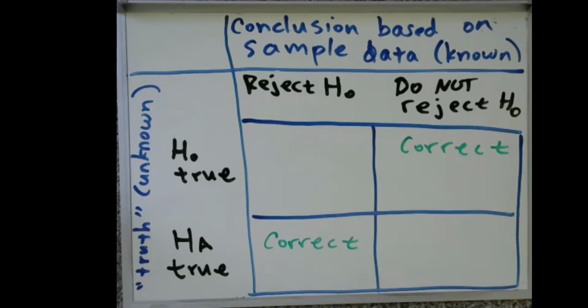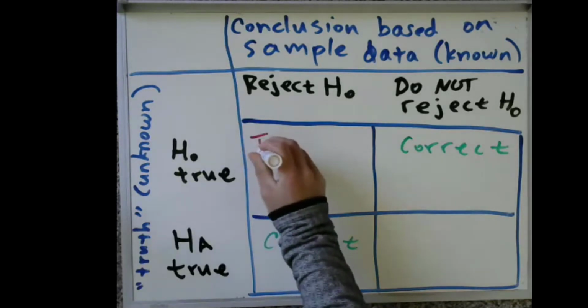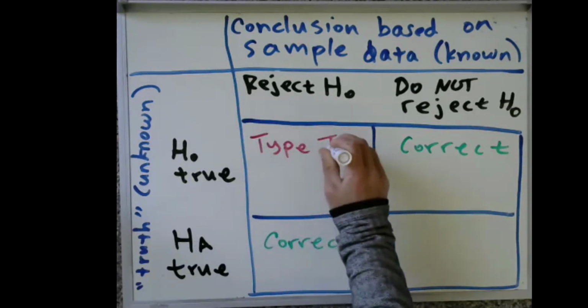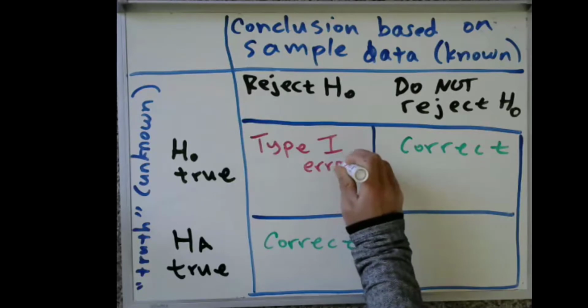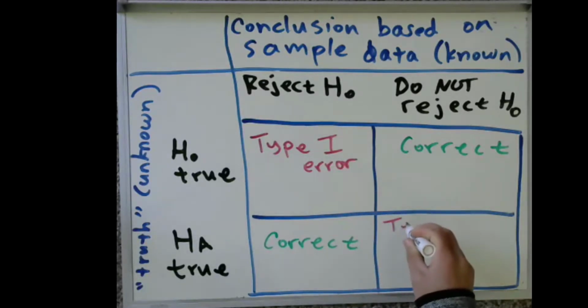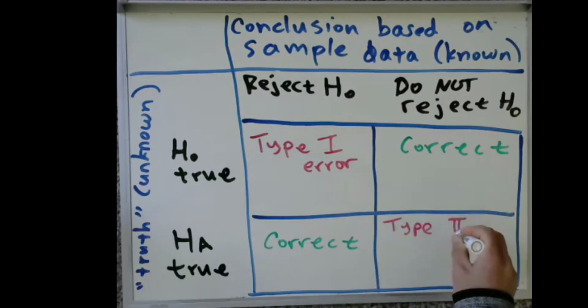So these other two rectangles are the errors. These are not cleverly named. This one is called a type 1 error, and this one is a type 2 error. One way to think about errors, reflect way back when we talked about probability with medical testing, sensitivity, specificity, true and false positives, true and false negatives.